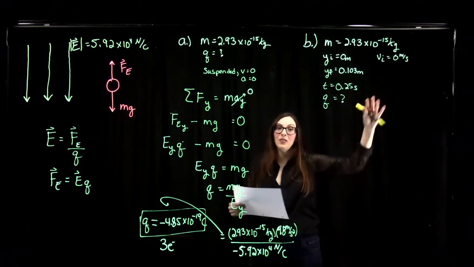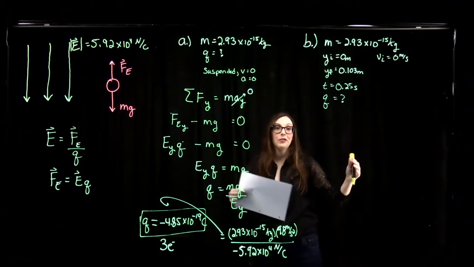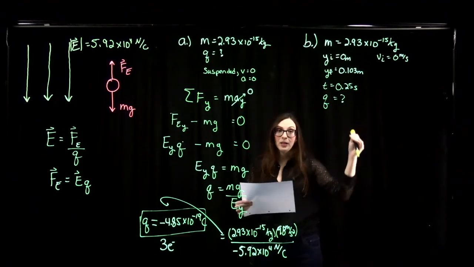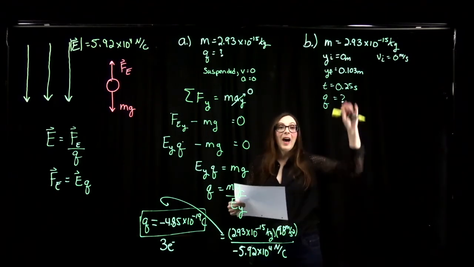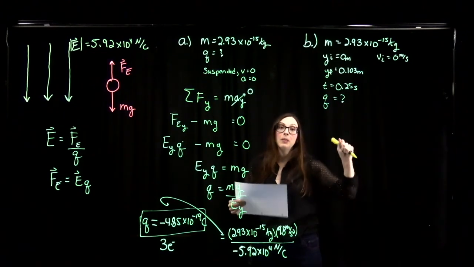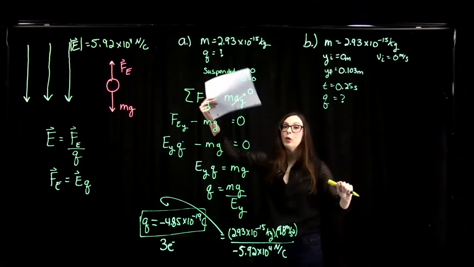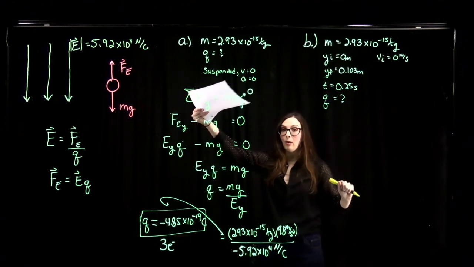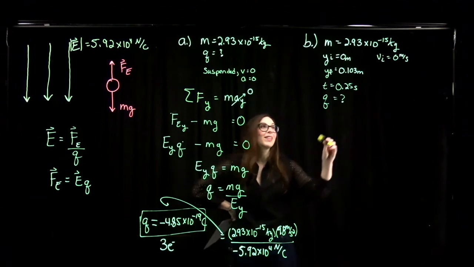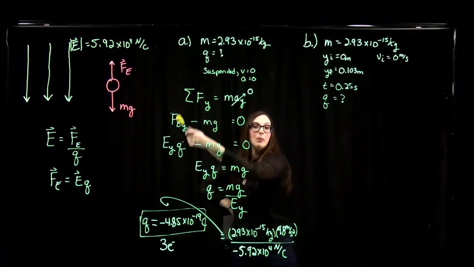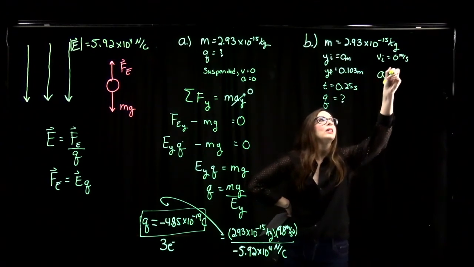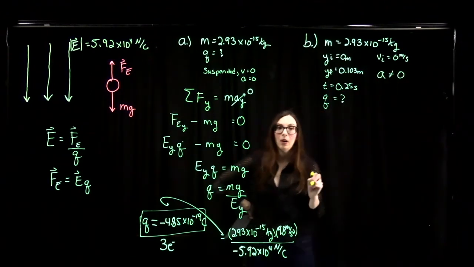Because this mass is moving, if it's starting from rest and it's falling, we know it's going to have a non-zero final speed after it falls 10.3 centimeters, and it's going to have some acceleration. So it's not going to be suspended like our mass was here in part A. What we have to do is still do this similar process with F equals ma, but now our acceleration is not equal to 0.